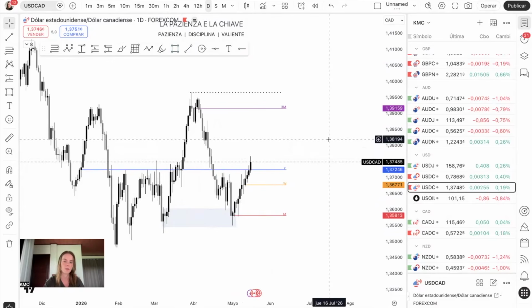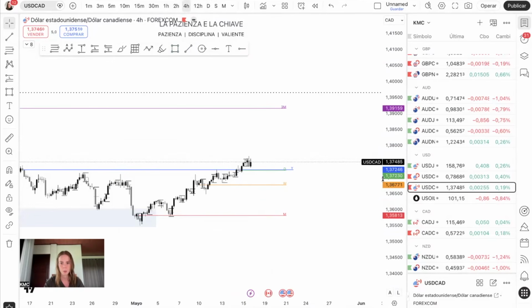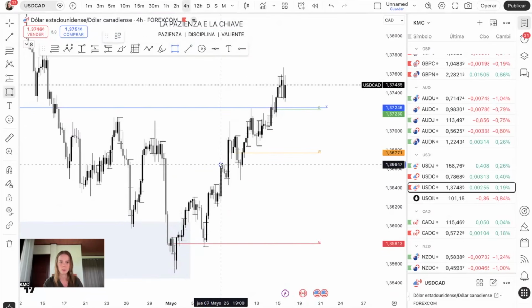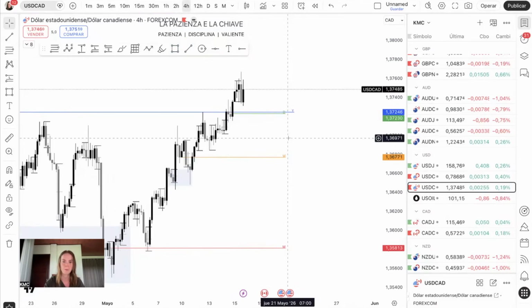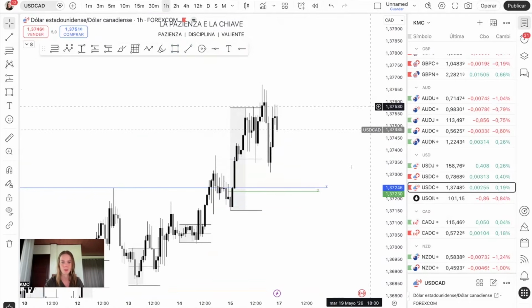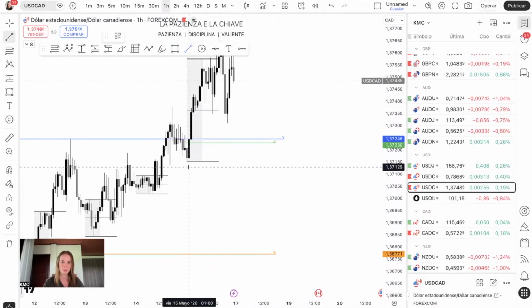So I'm willing to look for longs in USD CAD and not for shorts. What I'd like to see, of course, is that we're filling up this, making a new higher high.